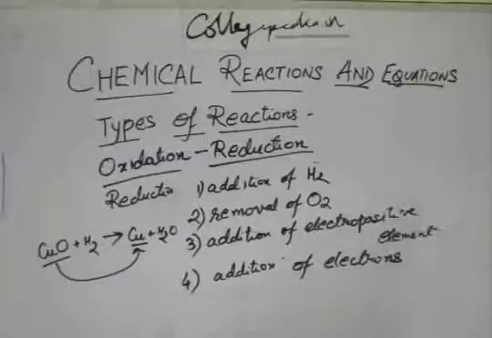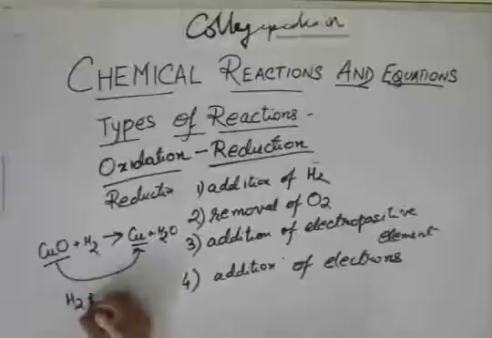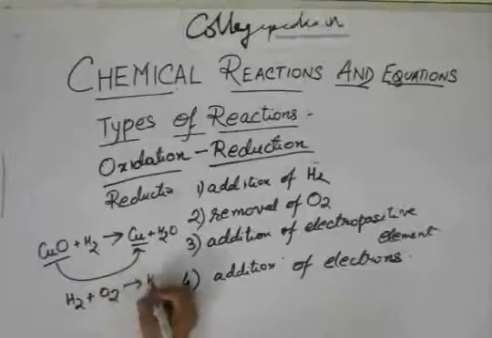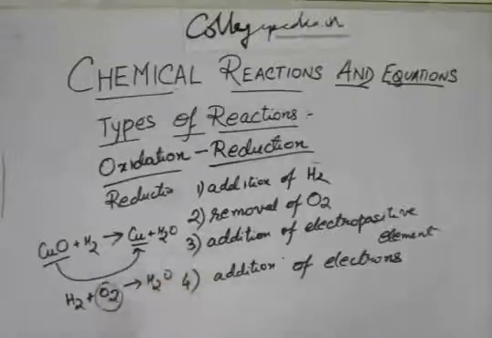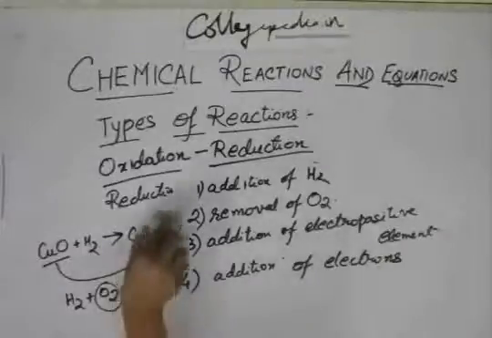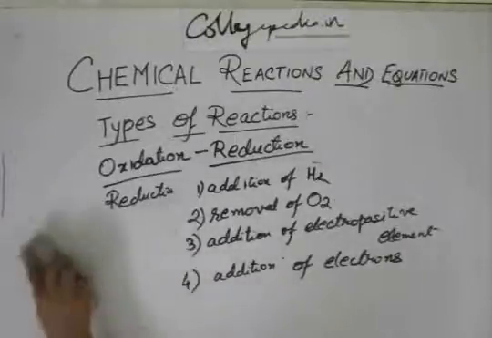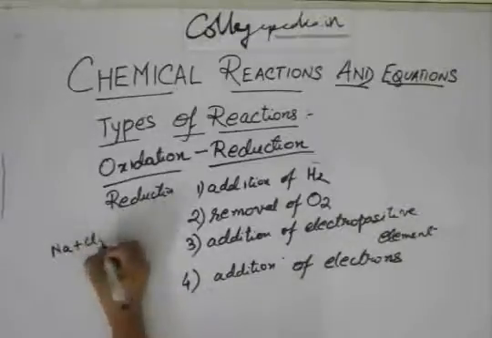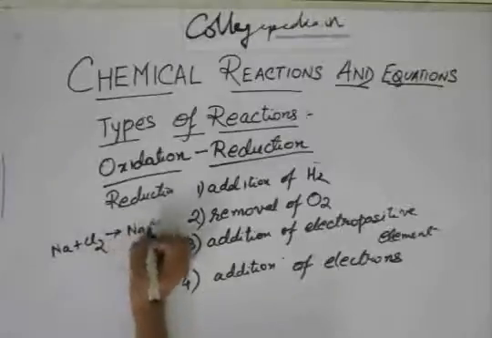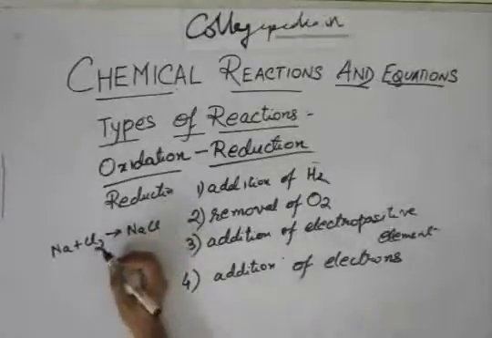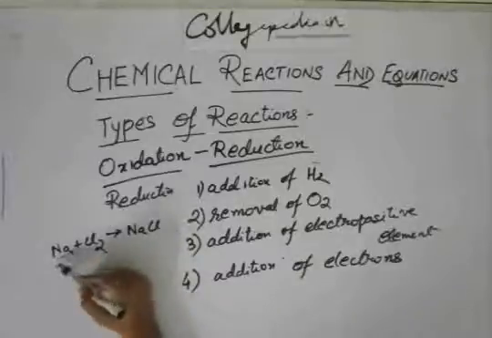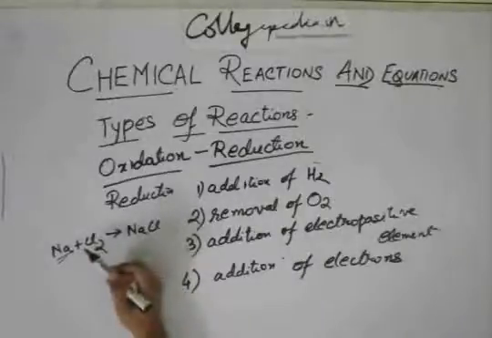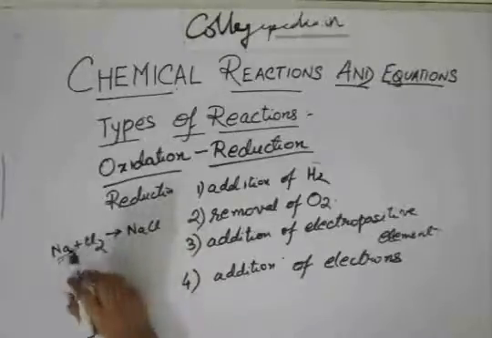In addition of hydrogen, you have H2 plus O2 giving H2O. So here oxygen is getting reduced because hydrogen is getting added to it. And addition of electropositive element, the same reaction, Na plus Cl2 giving NaCl. But in this case, chlorine is getting reduced because sodium is an electropositive element, it's getting added to chlorine to form NaCl.